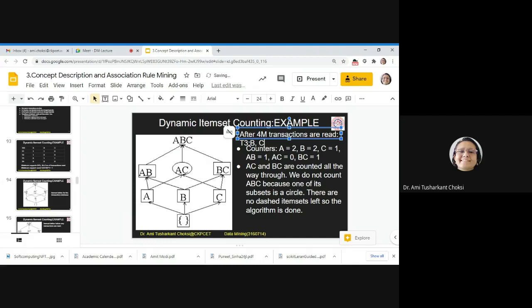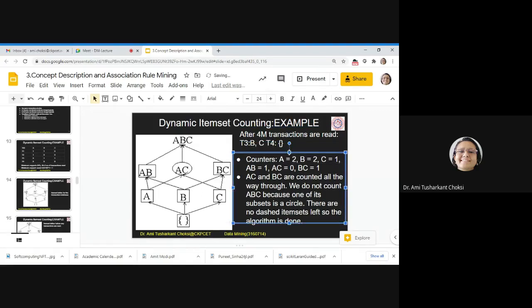And T4 is nothing, that is the empty set. So now we again have to count. I'm putting this for you only. Otherwise, when you are calculating in the notebook, you can do it very easily.